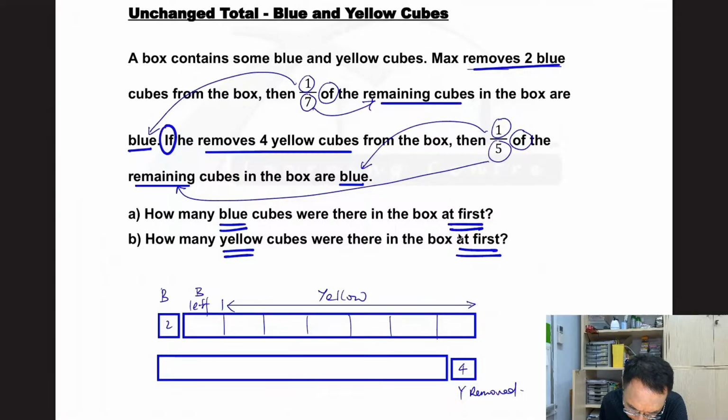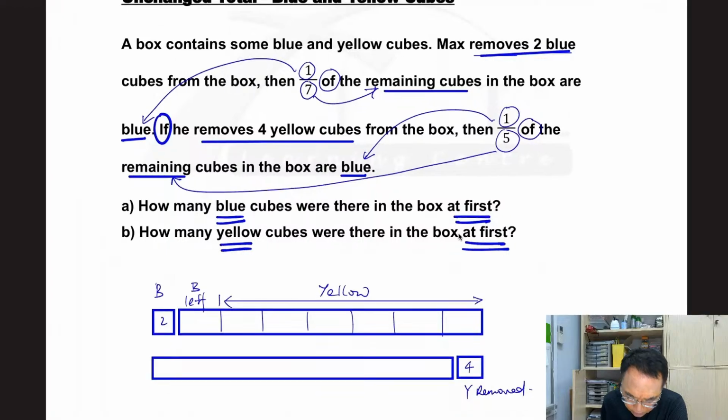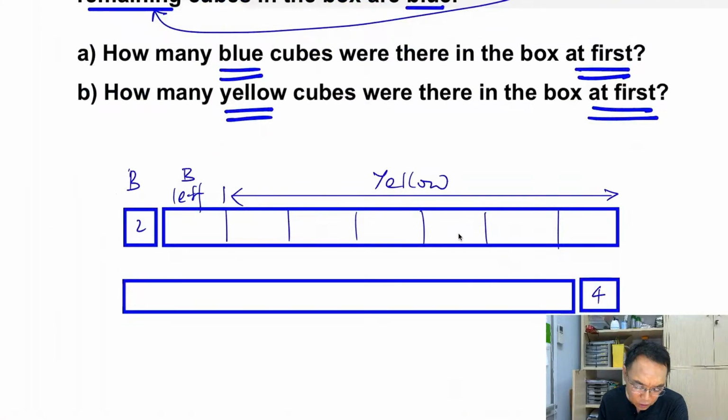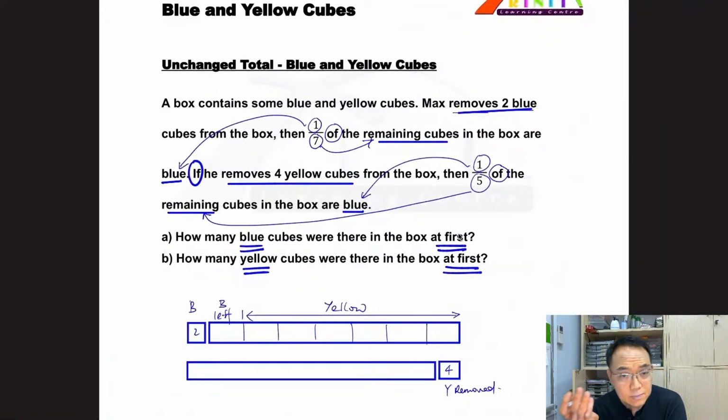Okay. Just a little bit. Okay. So question. Why did I stop the model here? Why is it at the same place? The answer, because the total is the same. So when you add whatever is removed to whatever is left, the total should remain the same, regardless of which color you removed, right? Okay, so I'm going to write here total.